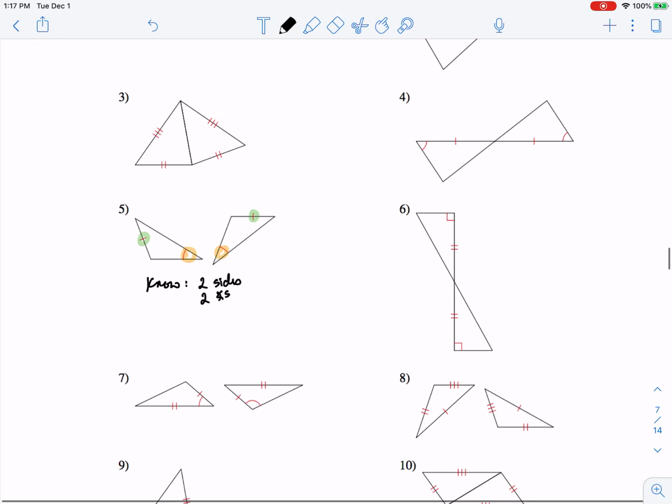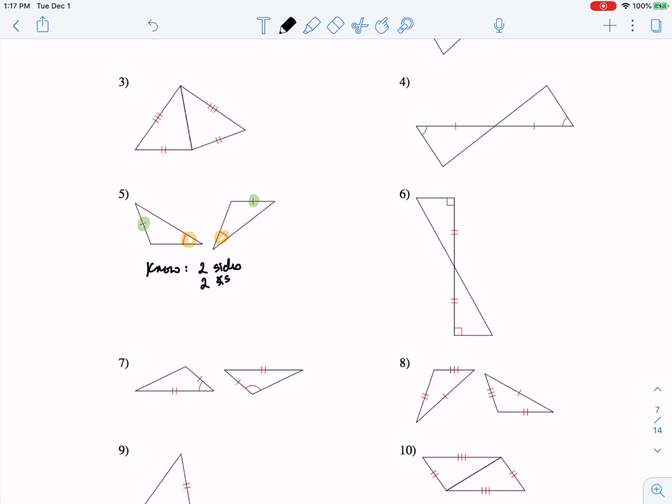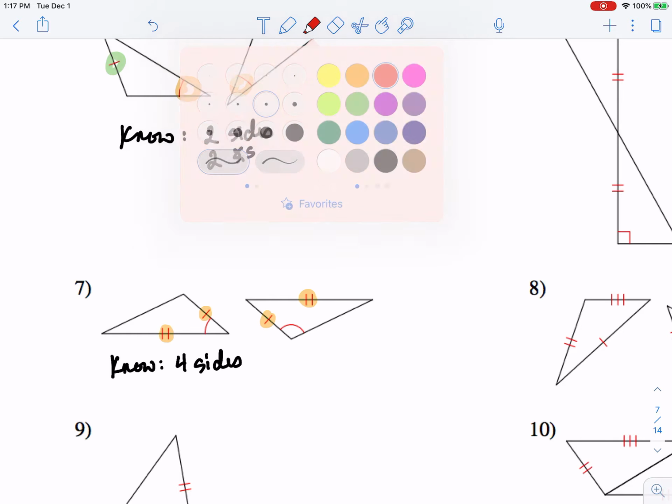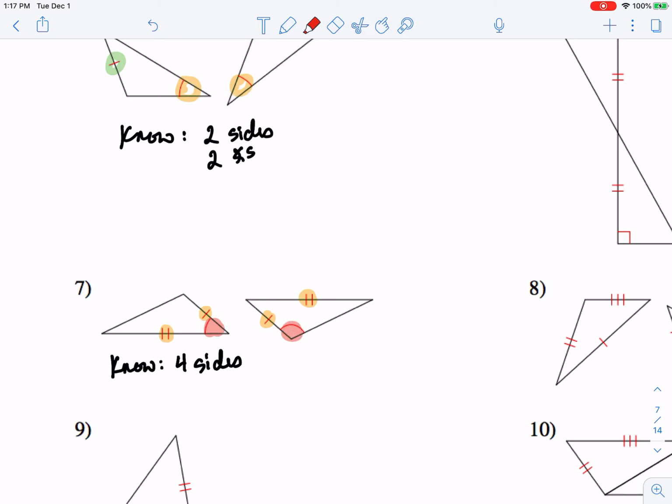So again, 6 is touching, we're not going to use. 7 is not touching. Okay, so again, what do I know? I know 1, 2, 3, 4 sides, and there's 1, 2 angles. So again, my theorems: side, side, side, I must know 6 sides.